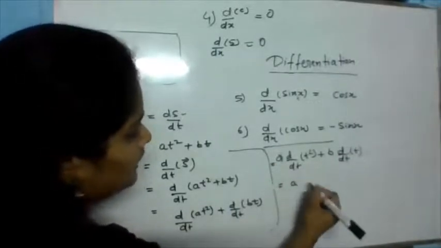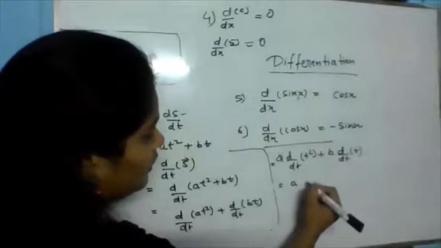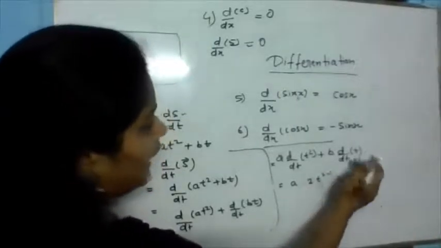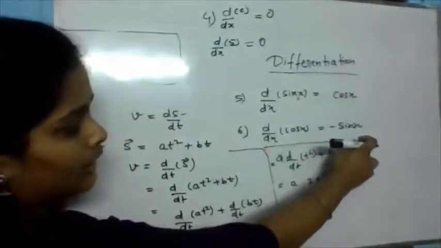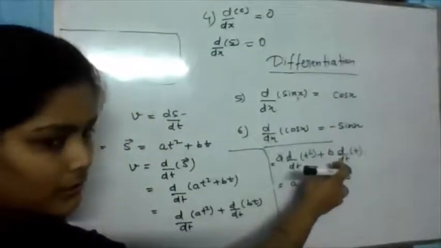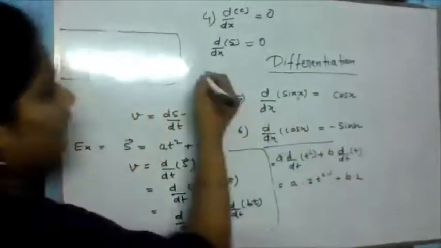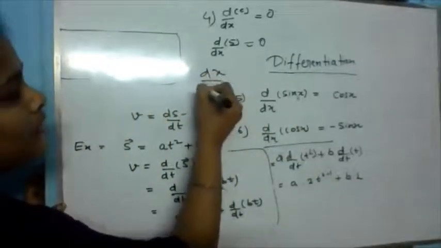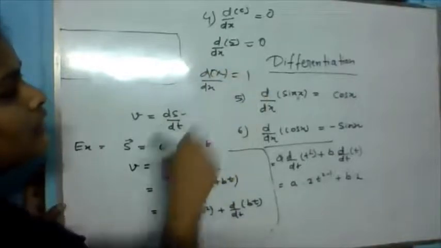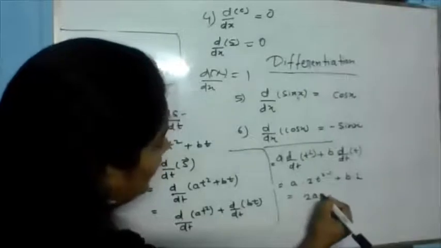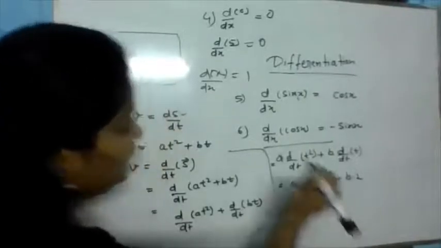So your answer is a times 2t to the power 2 minus 1, plus b, and because the power of t is 1 here and we are differentiating with respect to t, we will get 1 here, like dx upon dx is 1, so dt upon dt is 1. So your answer is 2a t plus b.